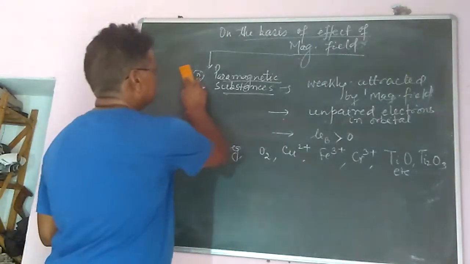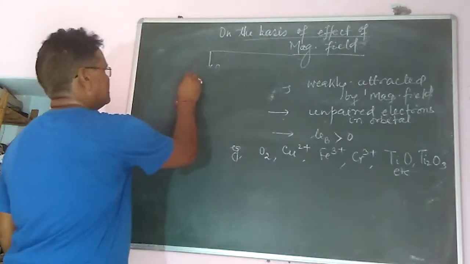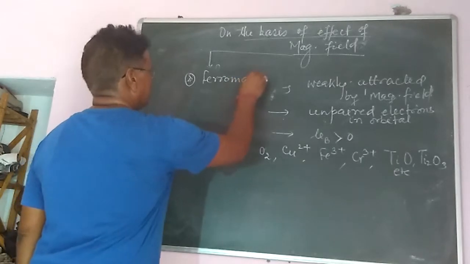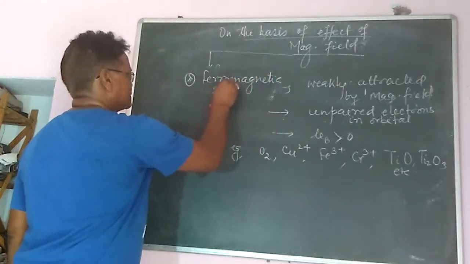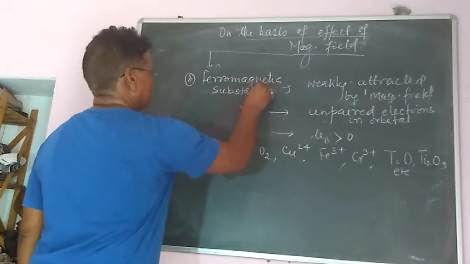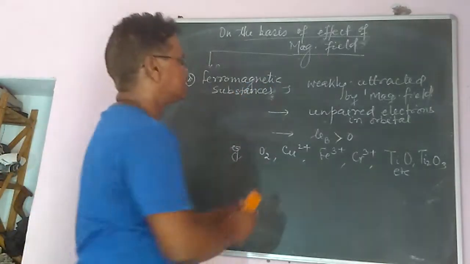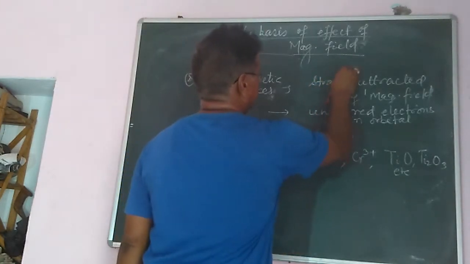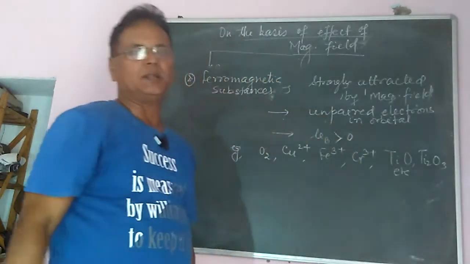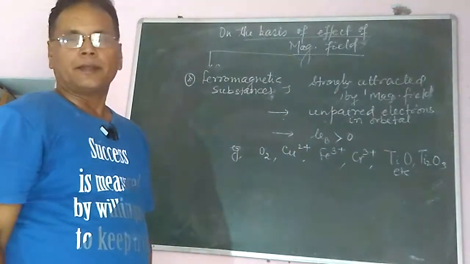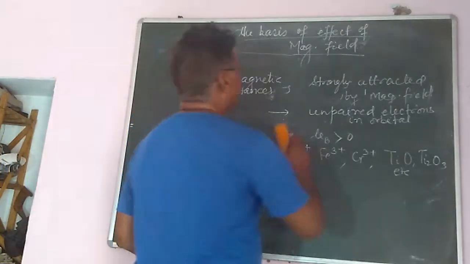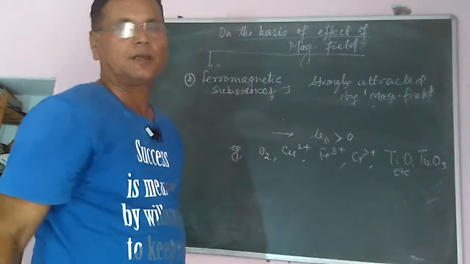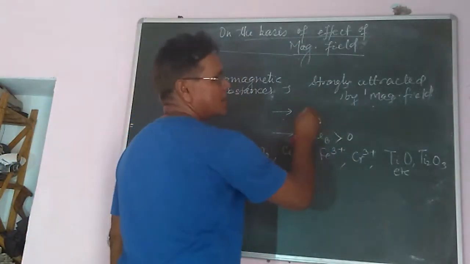Now the third is ferromagnetic substances. In it, it is not weakly but strongly attracted by the magnetic field. Why is it strongly attracted? Because it is highly paramagnetic.